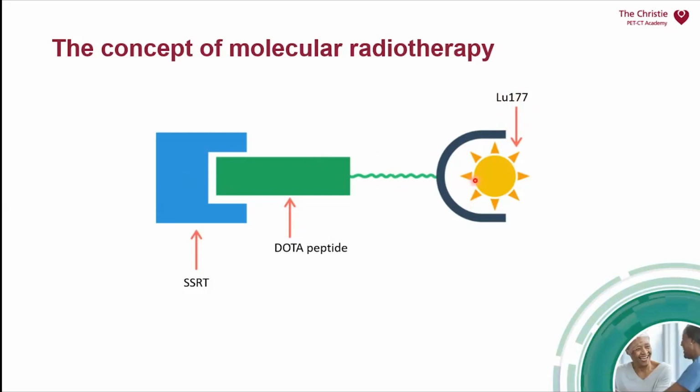And the idea is that this is happening many times over for each tumor. Enough radiotherapy will be delivered to the tumors to either stop them growing or to shrink them when this happens on a large scale.